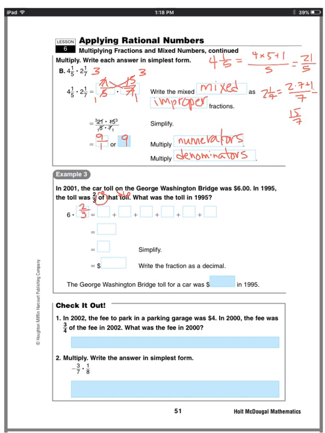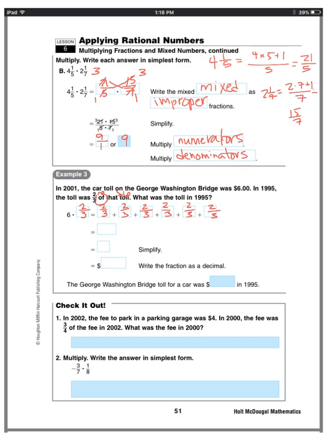And 6 times 2/3 we know is just adding 2/3 six times. So it's going to be 2/3 plus 2/3 plus 2/3 plus 2/3 plus 2/3 plus 2/3. Okay?